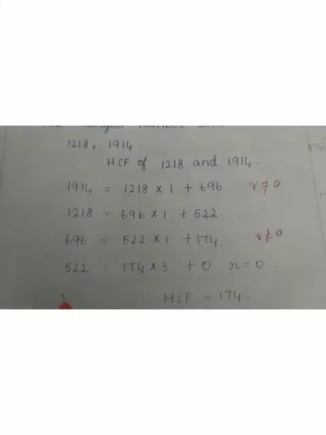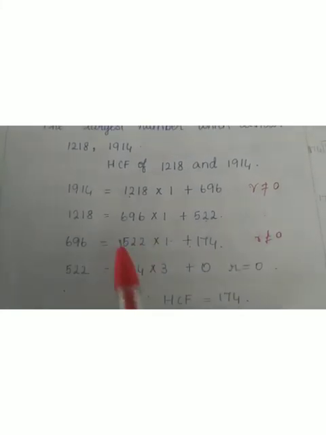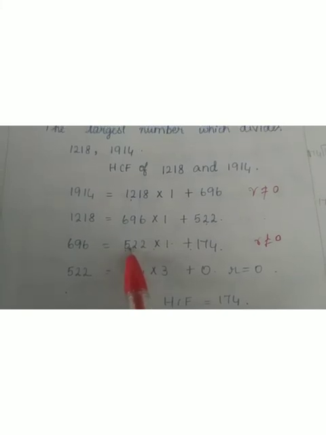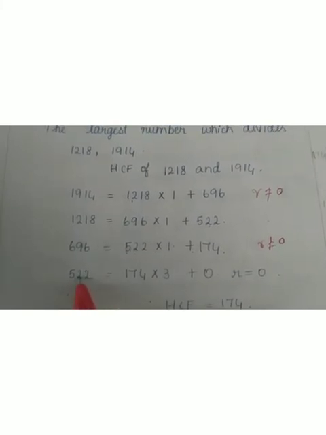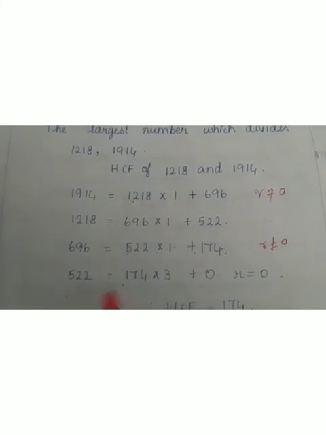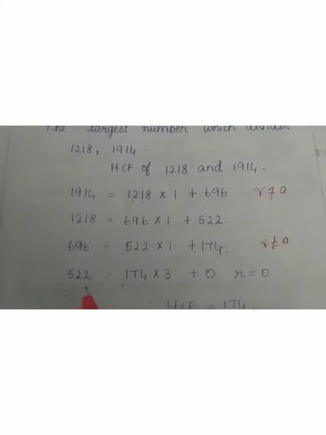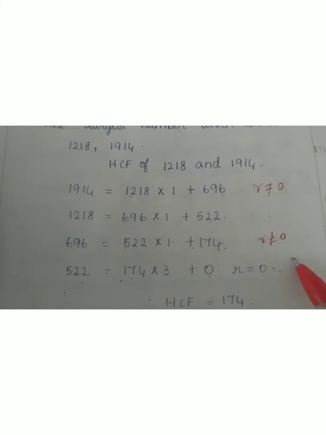Now 522, the divisor, acts as the dividend and the remainder as divisor. 3 times 174 equals 522, remainder here is 0. So now r is equal to 0.